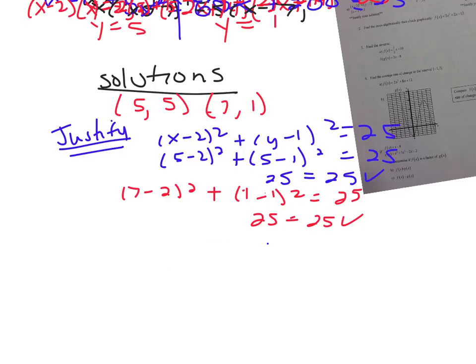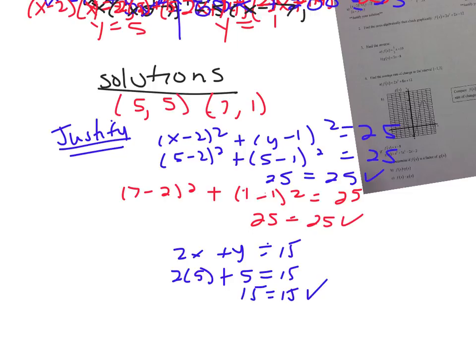The original is 2x + y = 15. So it's 2 times 5, I'm plugging in (5, 5), plus 5 equals 15. 15 equals 15. That checks, and now you're going to try (7, 1). So it's 2 times 7 plus 1 equals 15. So 15 equals 15, and that checks. All right, let's take a look at number 2. 1B, sorry.